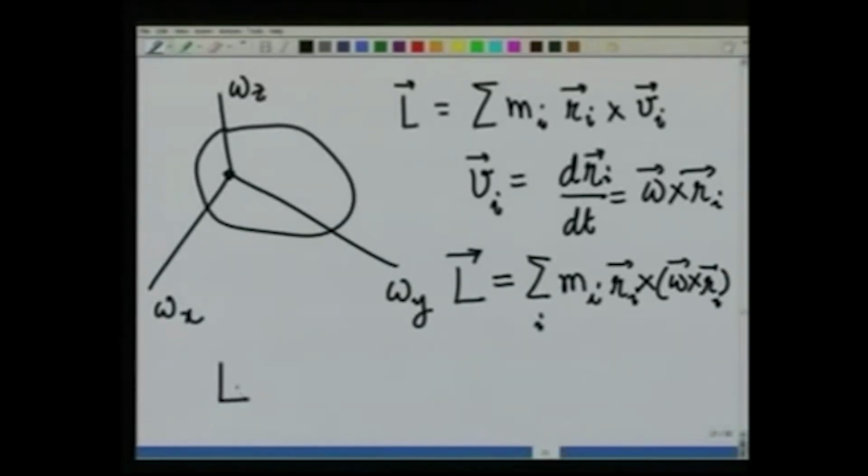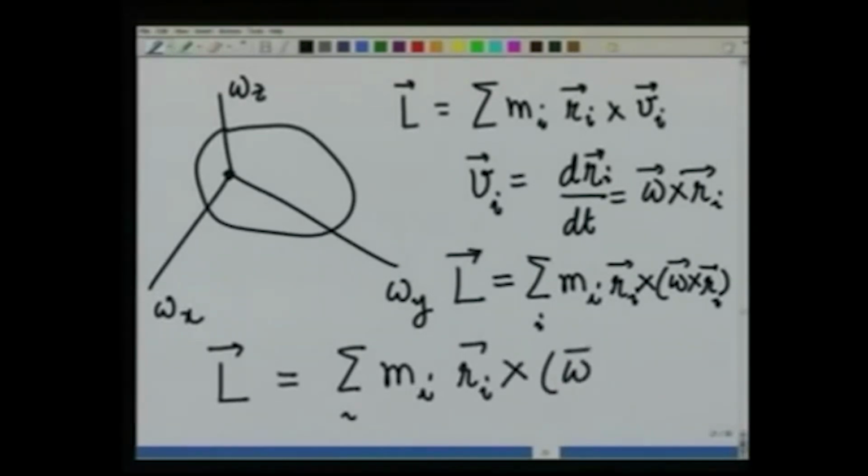So, this is the general vector L, and this is what I want to evaluate now.